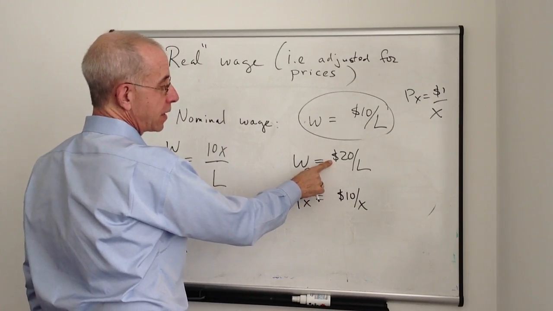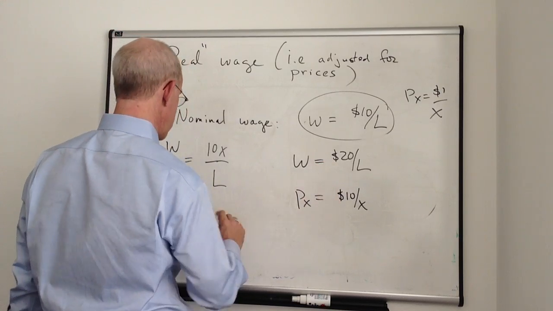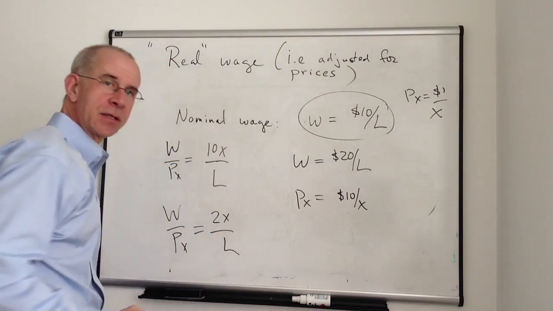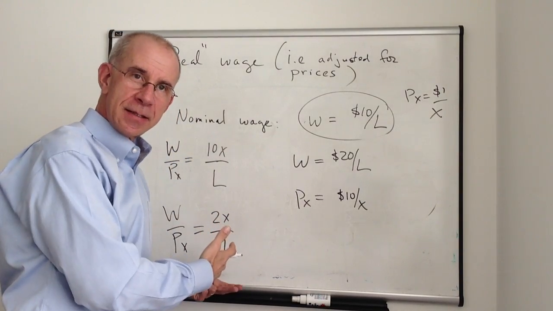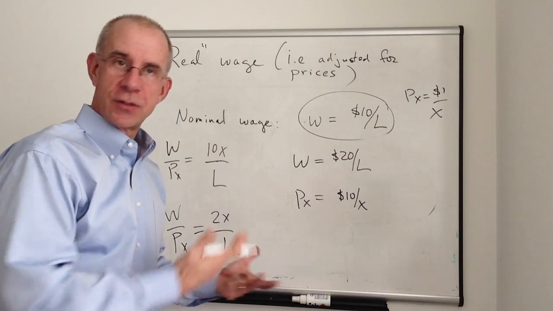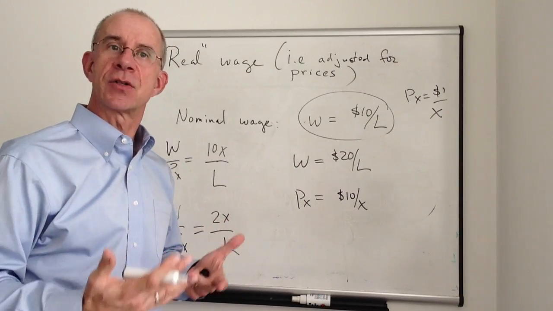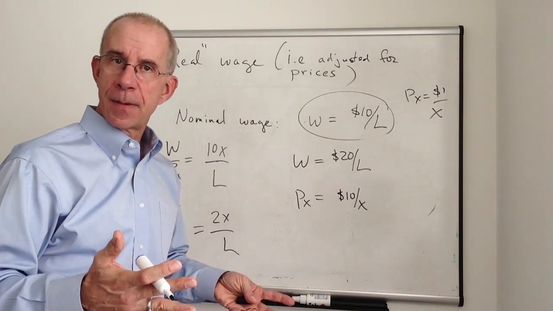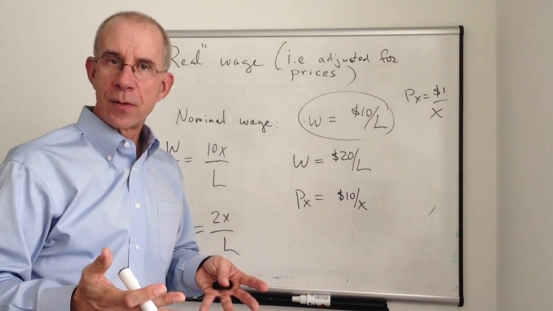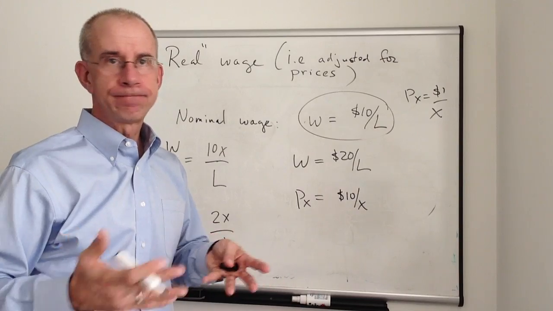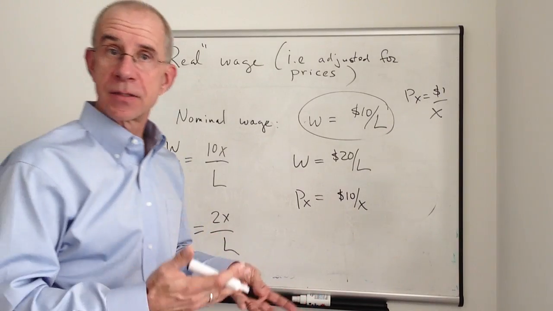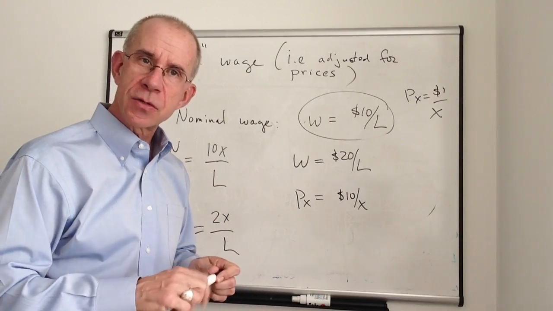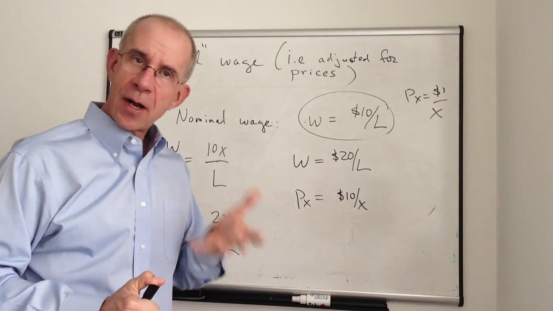My $20 can buy only 2 units of X. And so what you see in this instance is that your real wage, adjusted for all the prices, has actually gone down. Now this is incredibly important when people think about whether or not some economic policy change or some change in the circumstances in an industry hurts or helps them.